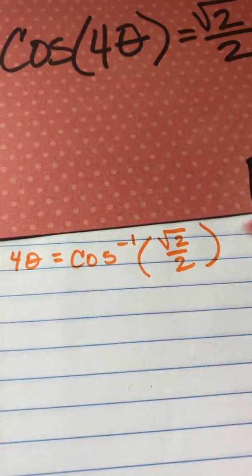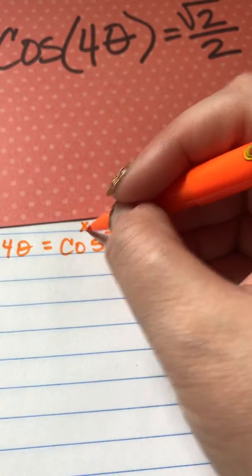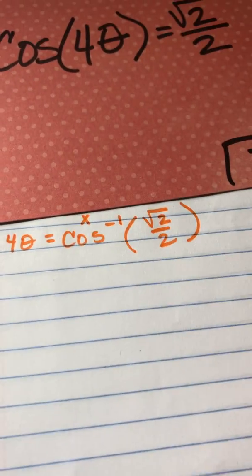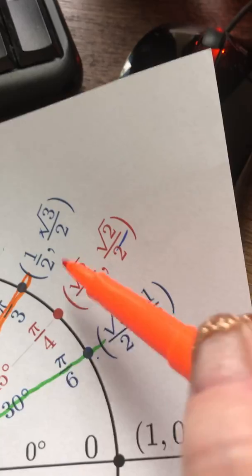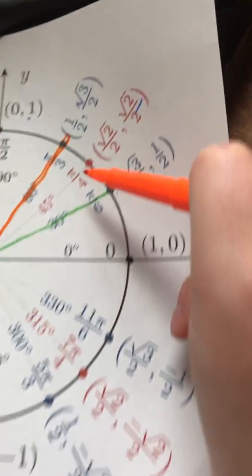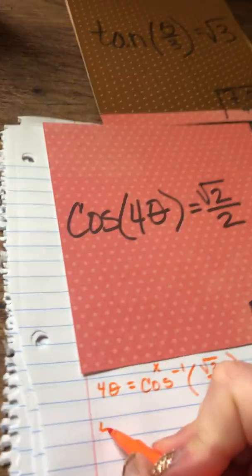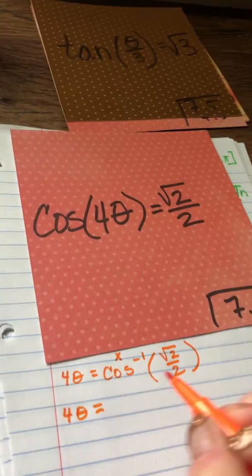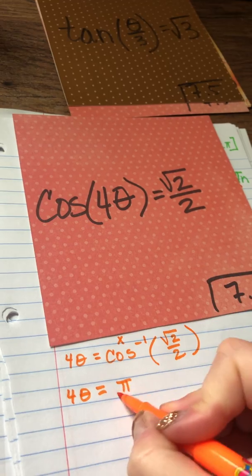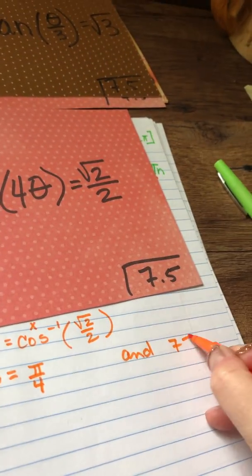So cosine is x, so we look for when x on the unit circle is square root of 2 over 2. Here it is, pi over 4, and there's one below at 7 pi over 4. So we have 4 theta equals pi over 4 and 7 pi over 4.